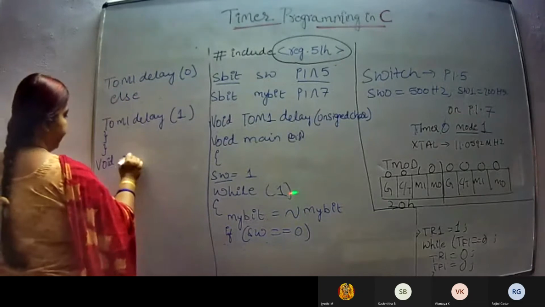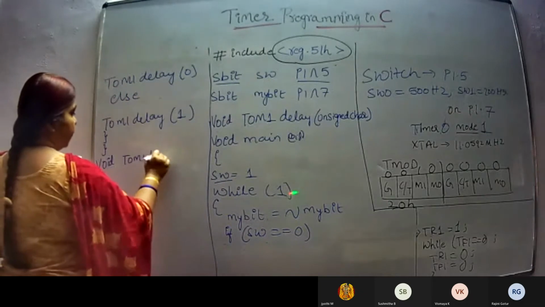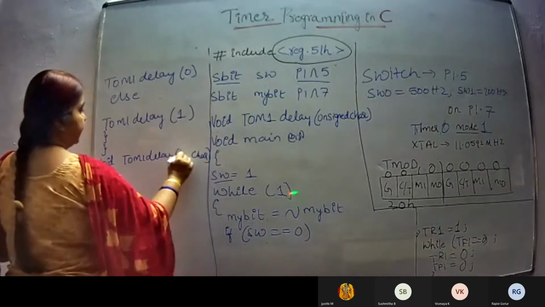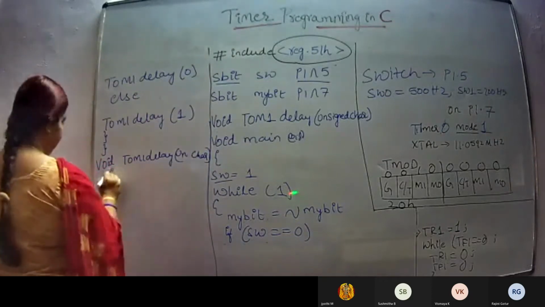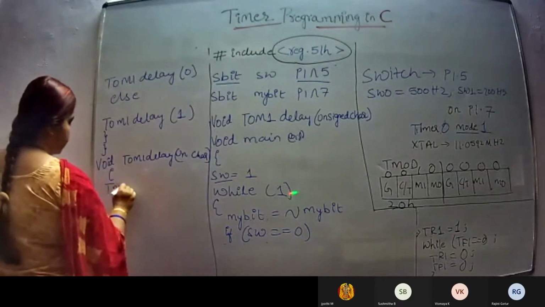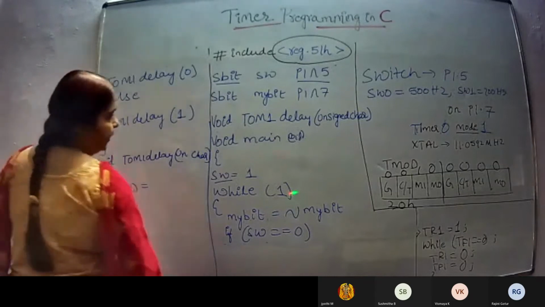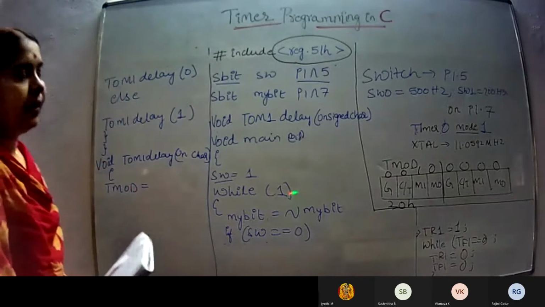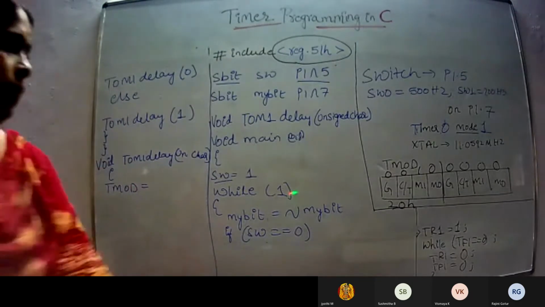Void, and just write the name timer 0 mode 1 delay, unsigned character, that is written here. Fine, start the program. TMOD, we have not seen what should be loaded in TMOD. It is in timer 0 mode 1.